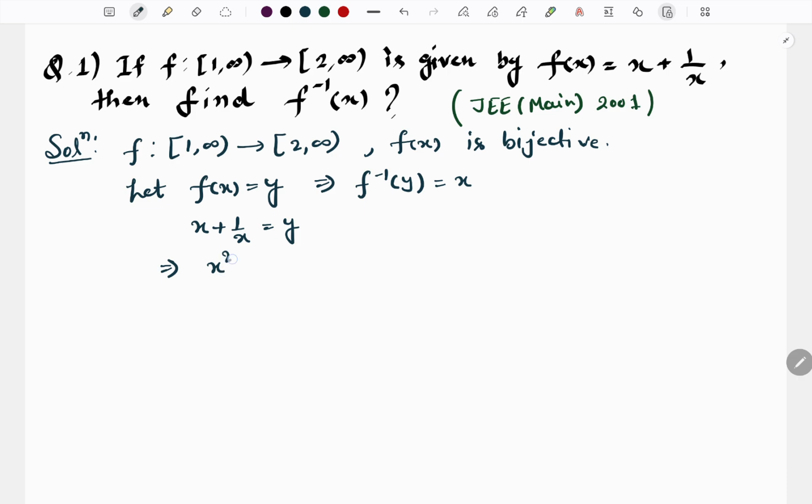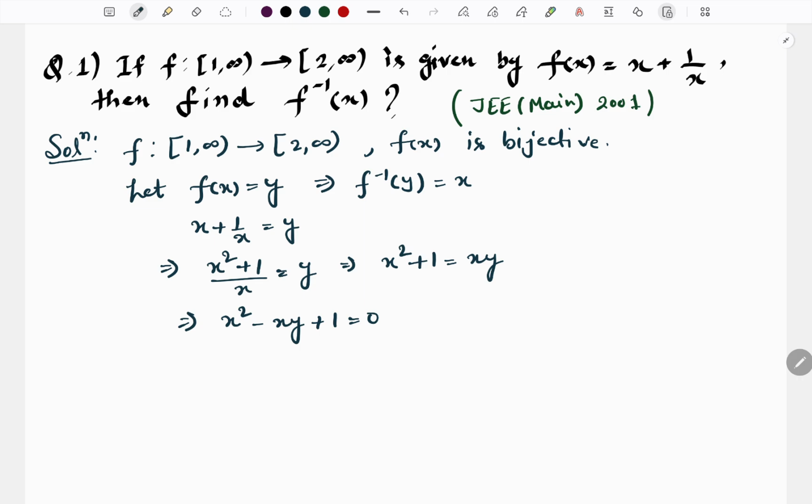So here it will be (x² + 1)/x = y, and this implies x² + 1 = xy. Then you will get x² - xy + 1 = 0.